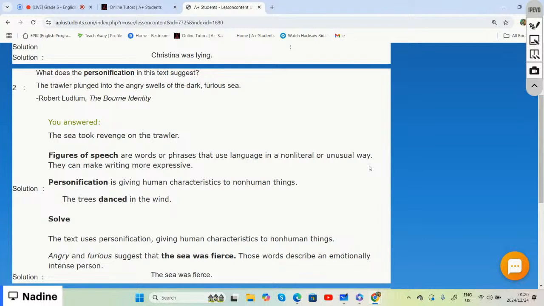If we look at an example of personification, it says the trees danced in the wind.